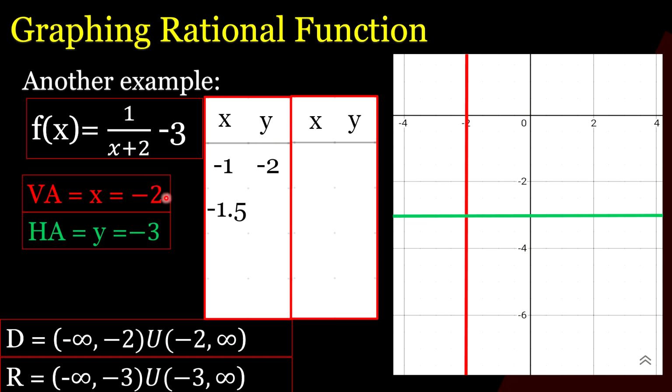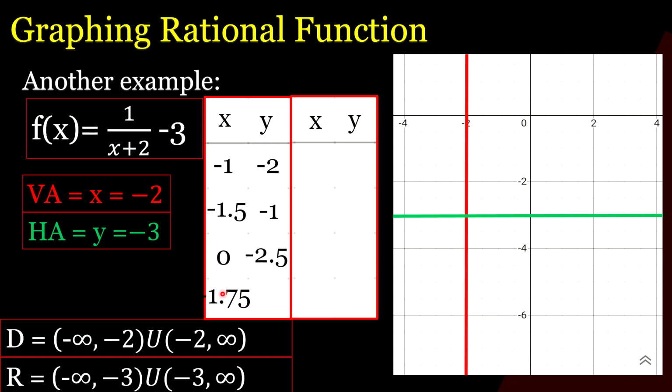So isa pa, negative 1.5, ilalagay natin siya sa x. So negative 1.5 plus 2 is 0.5, and 1 divided by 0.5 is 2. 2 minus 3 is negative 1. So isa pa, 0, 0 plus 2 is 2. 1 half is 0.5. So 0.5 minus 3 is negative 2.5.